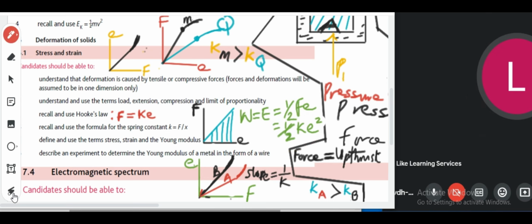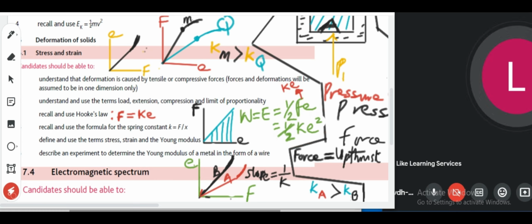What I mean is, for this F, we change this F to K E. So instead of half F E, we're now going to have half K E for F times E again. So half K E then E, or half K E times E, which will give us half K E squared.